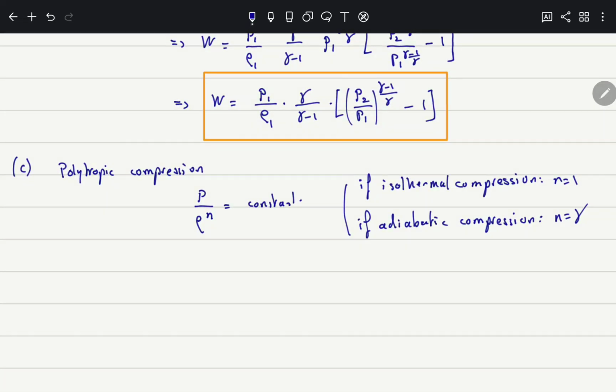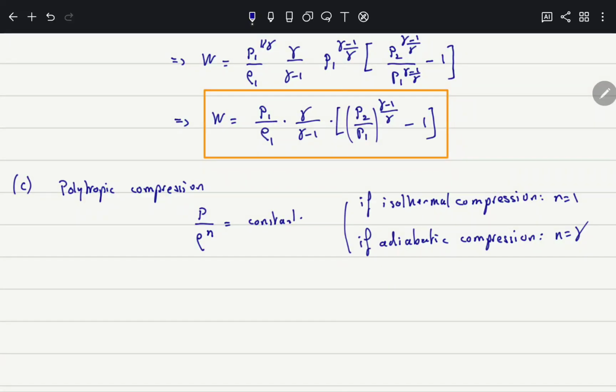Otherwise, n would need some experimental measurements to find out its exact value. And you do the exact same integral work as for the adiabatic compression. The only thing that you're going to change is gamma to n. So I will simply write the final result.